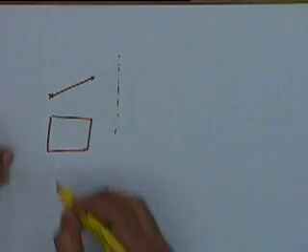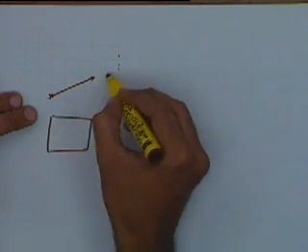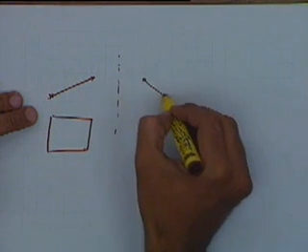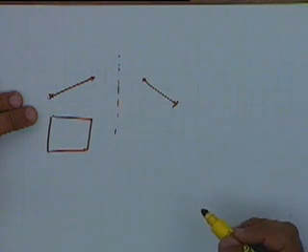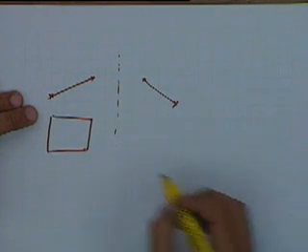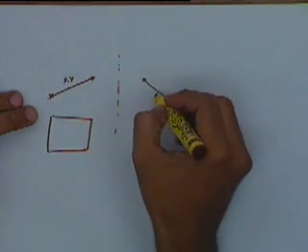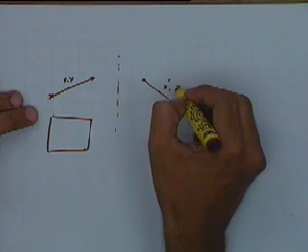If we reflect this about this axis, about this plane, let us say, this line segment will get transformed into a line segment like this. A point on this, let us say a point x, y, will get transformed into a point x prime, y prime.